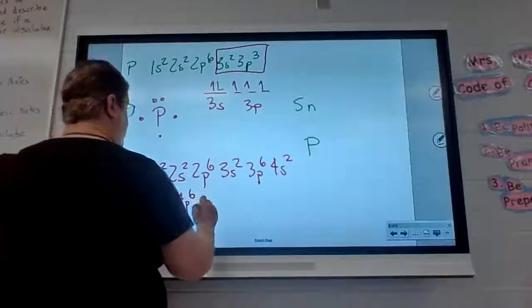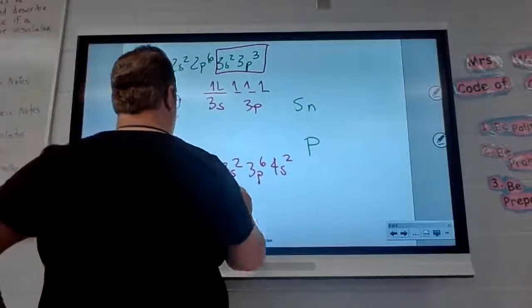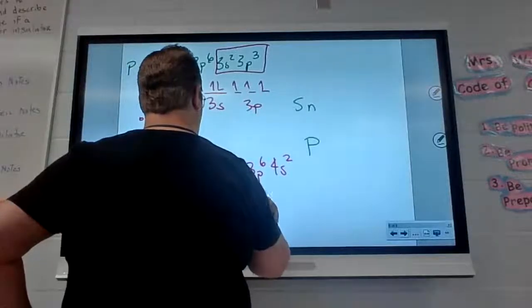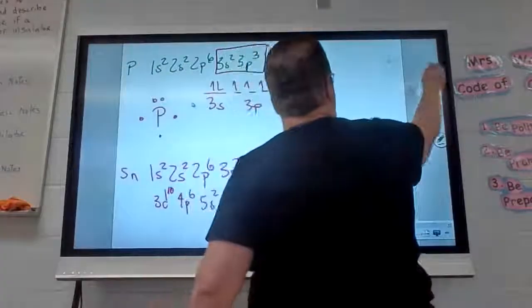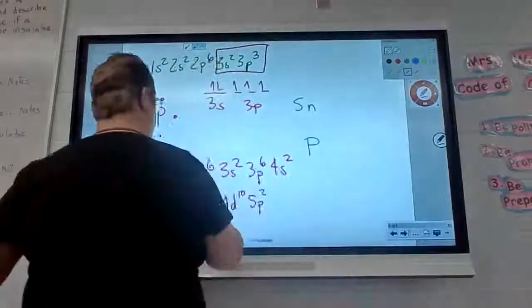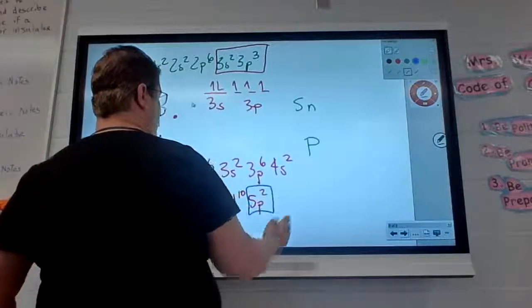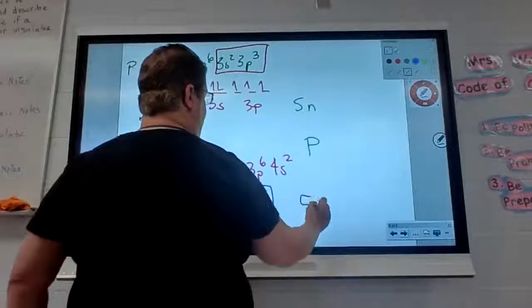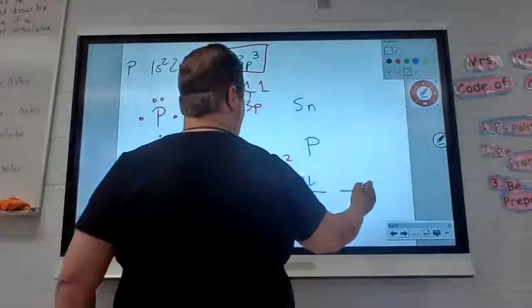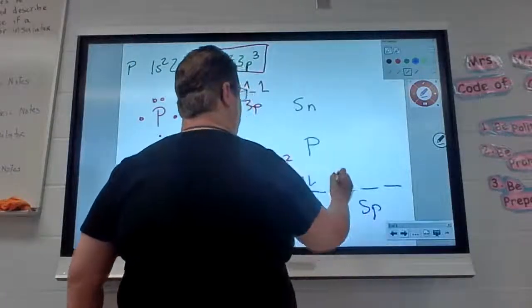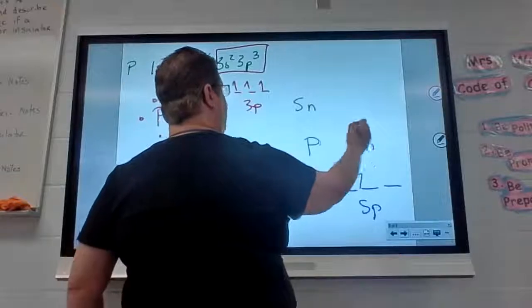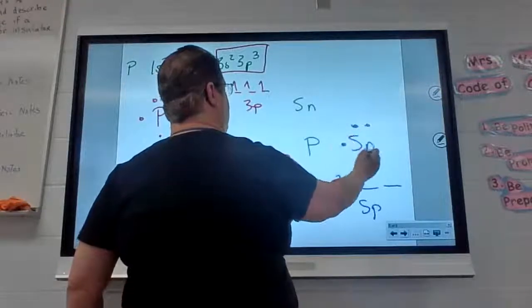Using the configuration, 4p6, 5s2, 4d10, 5p2. All right, so the highest energy level here will be 5s2, 5p2. So 5s has 2, 5p has 2. So Sn will have 2 dots, a single, and a single.